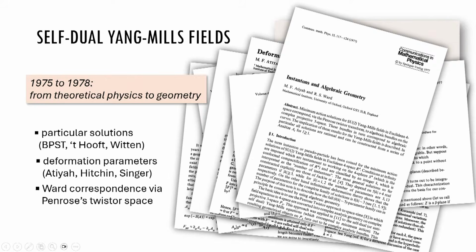This is a paper of Atiyah and Ward where they give a general construction, general enough to produce all solutions in terms of algebraic data on the complex projective 3-space. This was a predecessor of what later became called the ADHM description.